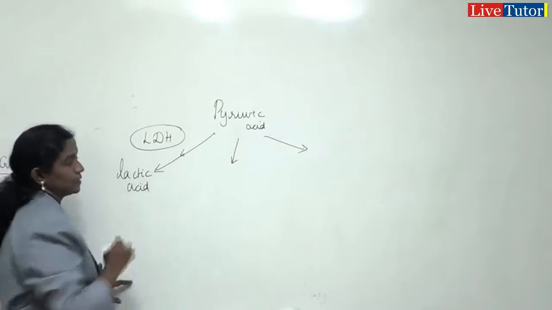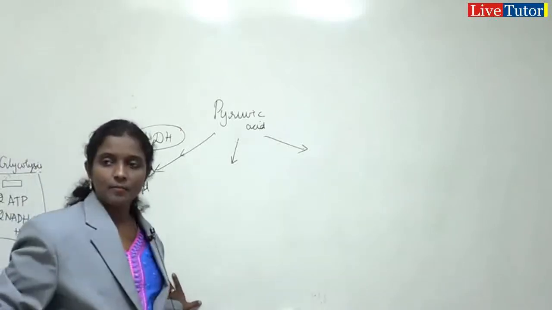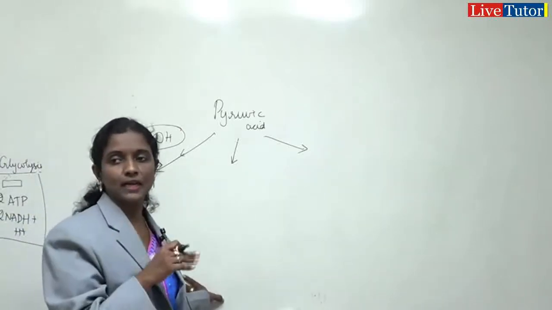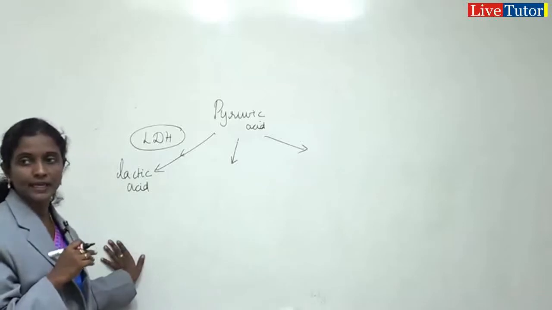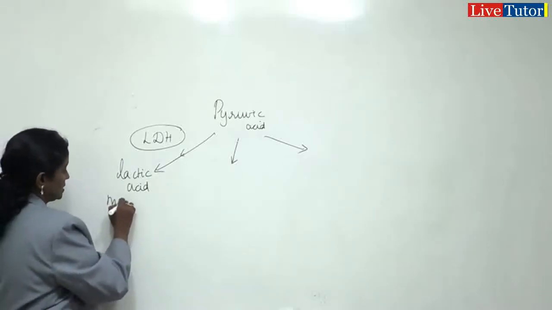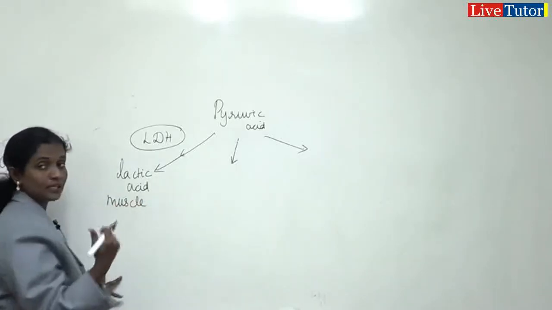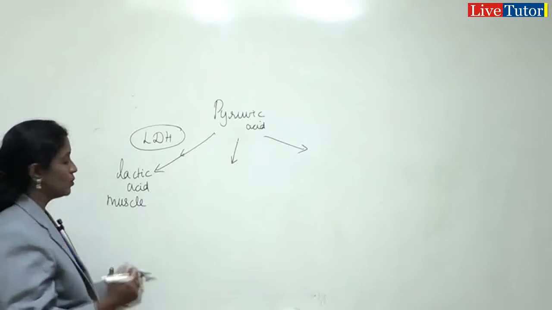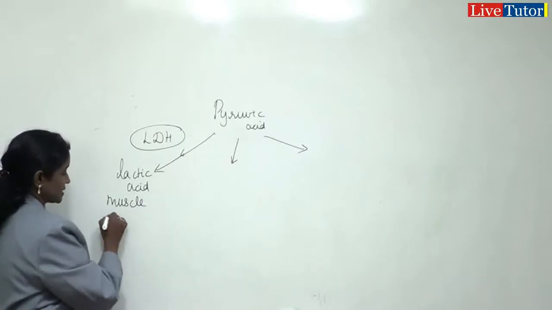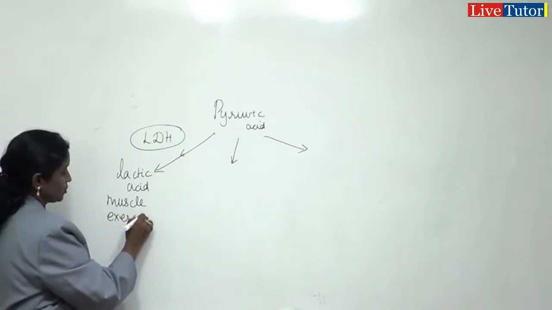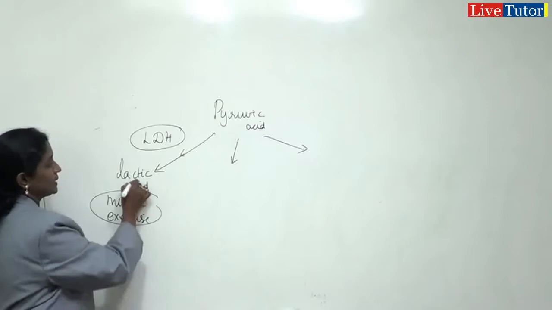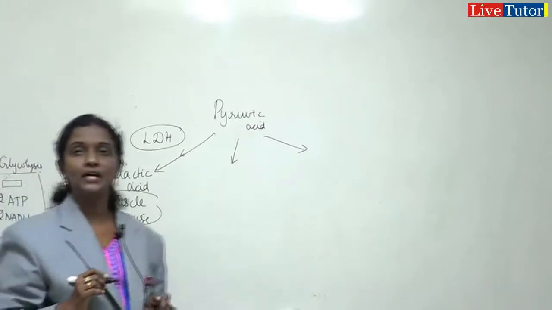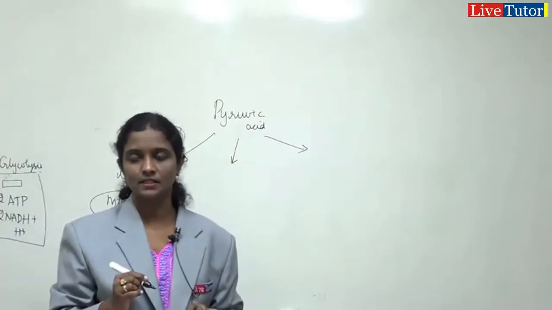The lactate dehydrogenase enzyme can come and convert the pyruvic acid to lactic acid. This happens in muscles during exercise, and that is the reason for muscular cramps. In the muscle during heavy exercise, this leads to the production of lactic acid. So the pyruvic acid will be diverted to make lactic acid in muscles.